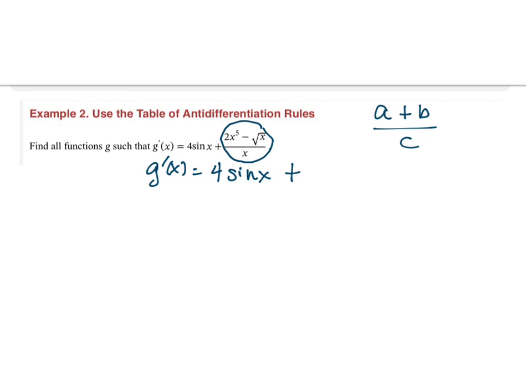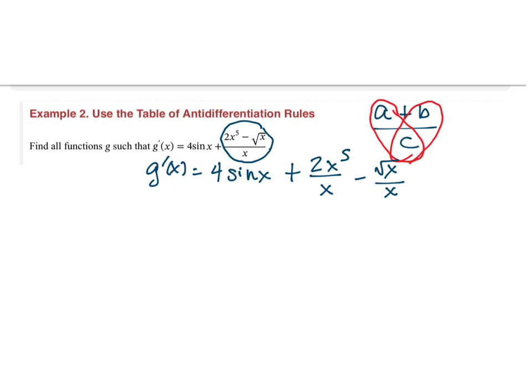Correct. So anytime this is the setup, you can divide a by c, and you can also divide b by c. So the rewrite on this particular mumble jumble is to take that 2x to the 5th divided by x minus square root x over x.